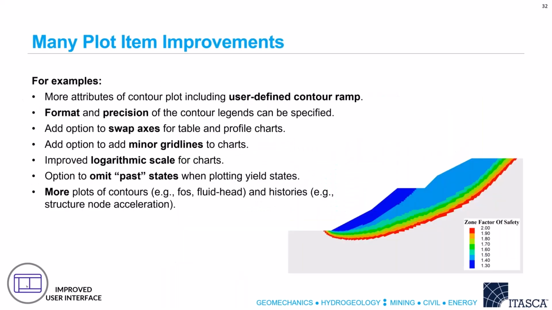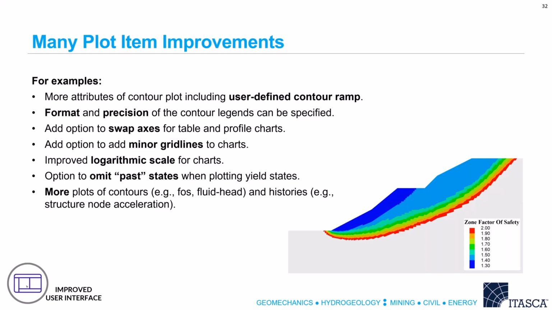And we have many plot item improvements. For example, we have the user-defined contour ramp, so we can specify different formats and precision of the contour legend. So we can swap axes for table and profile charts. So we have options to add minor grid lines to charts.